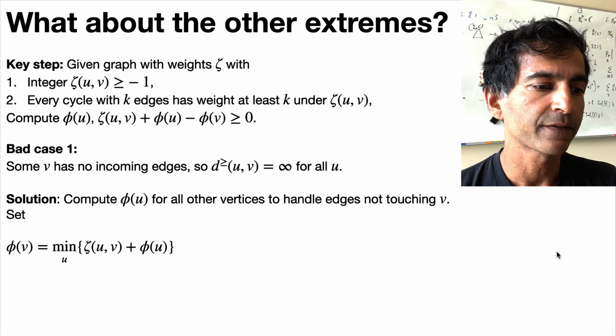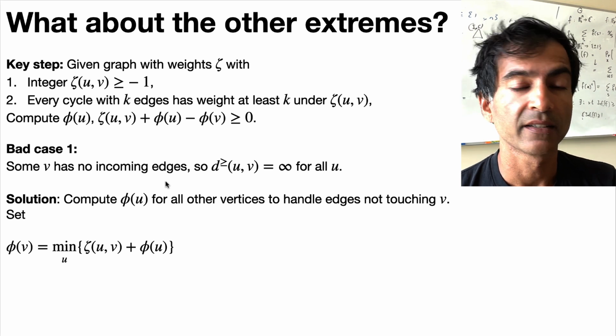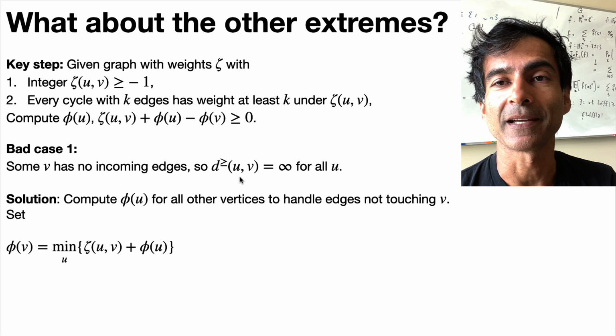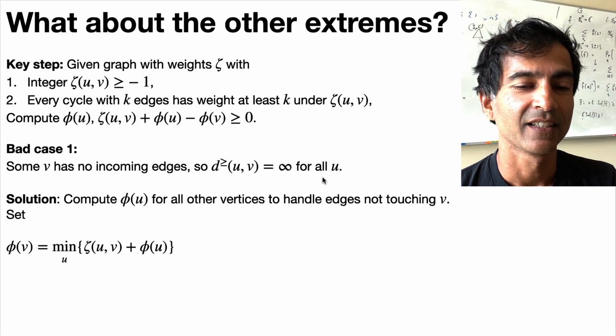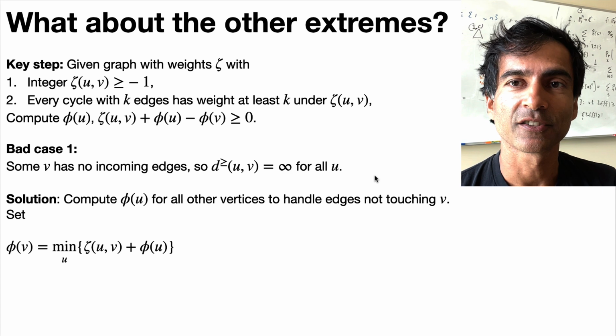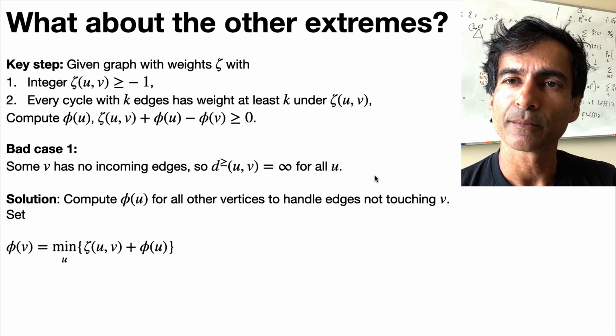For example, what if there's a vertex V which simply has no incoming edges? So it's unreachable from any other vertex. Then certainly one of those balls is not large. But then there's a very simple solution here.